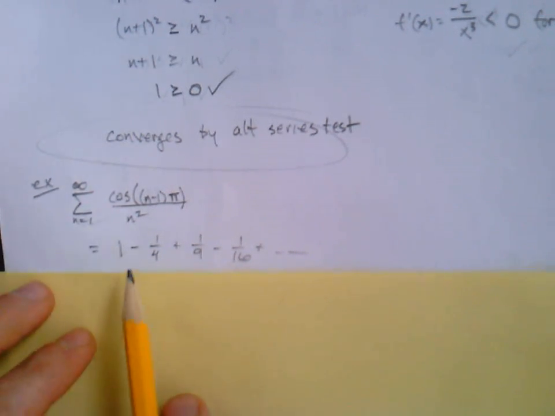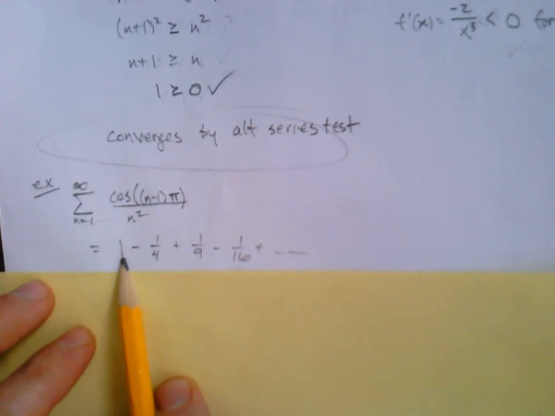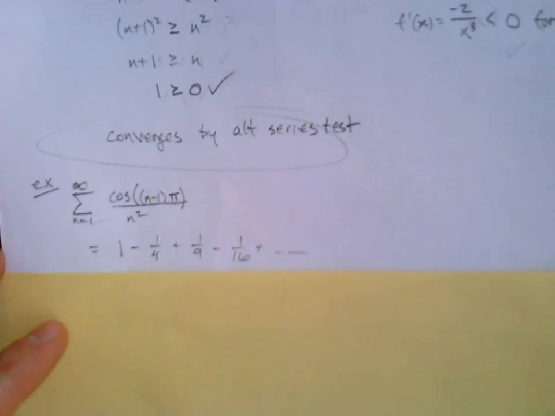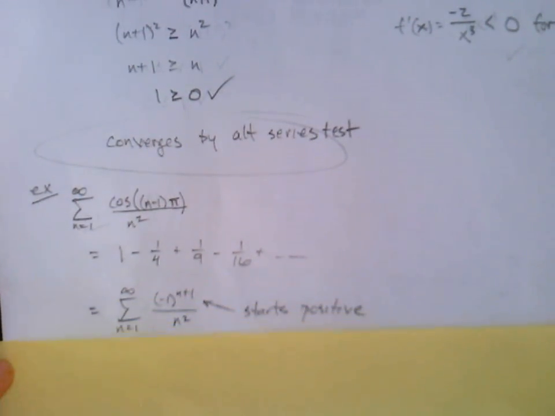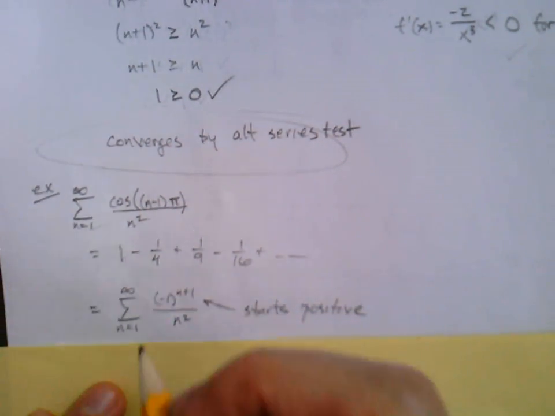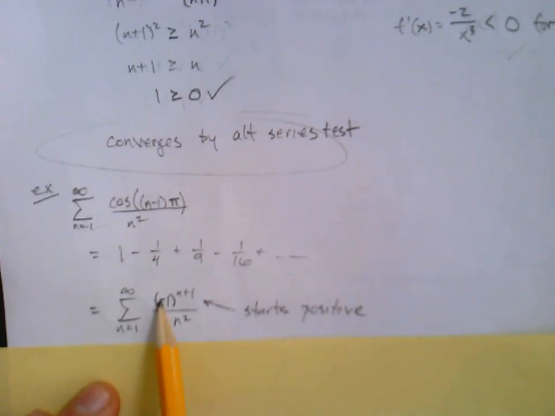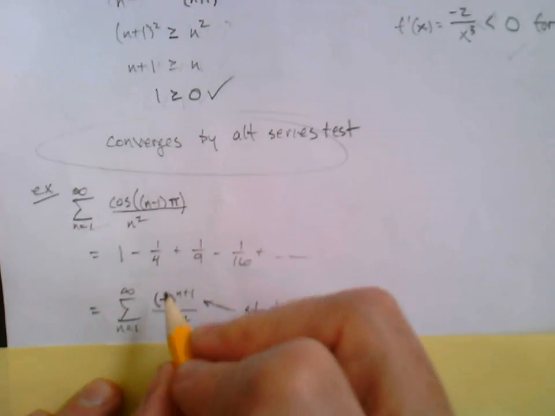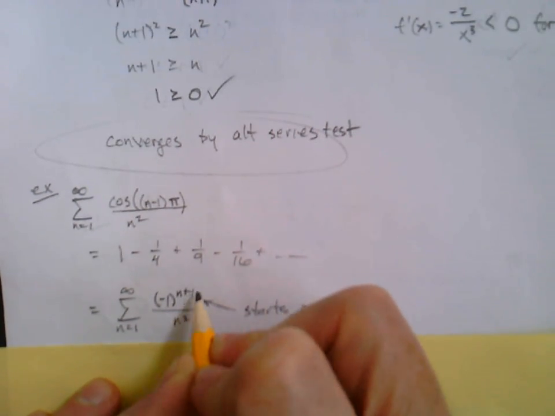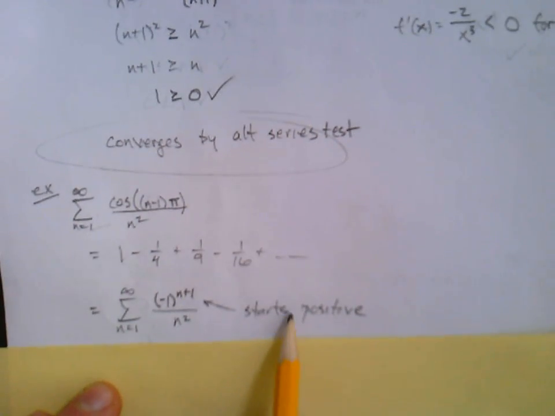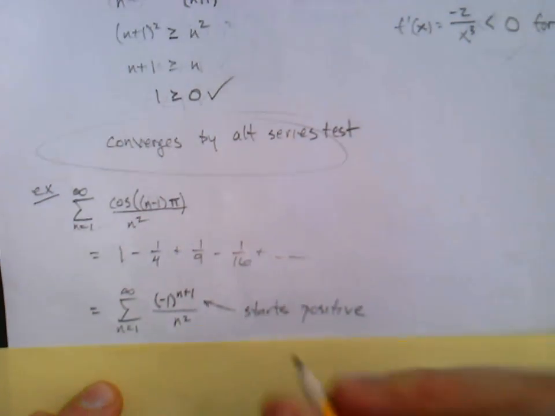Okay, anyway, now that we're starting with a positive, what's the series going to look like when we rewrite it? And maybe you guessed, we kind of spoken to this before. In this case, it would be negative 1 raised to the n plus 1 over n squared. And so now I'm indicating, hey, this starts positive, n equals 1.